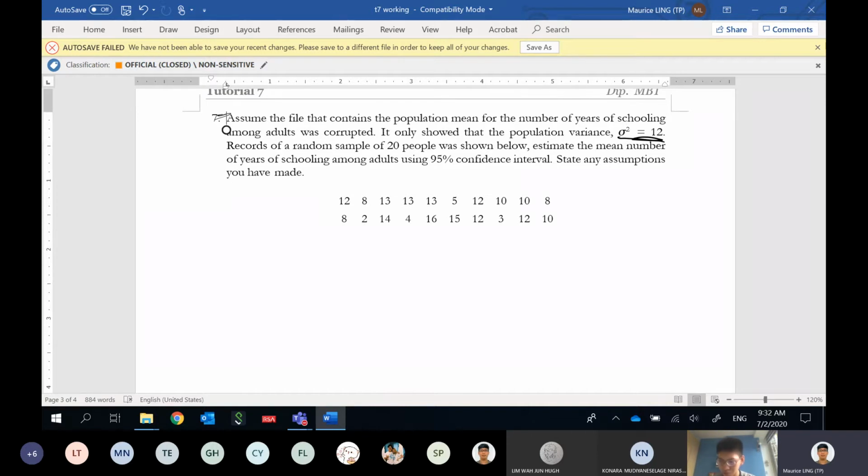All right, Benjamin. Number 7. Mu is greater than 8.48 but lesser than 11.5. Okay, correct. So for this answer, what is the assumption that you have made?